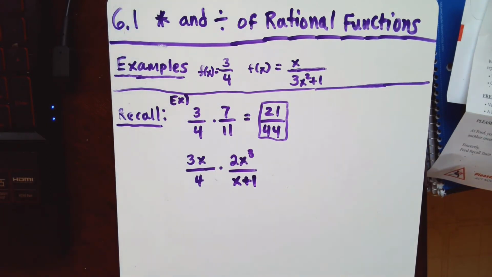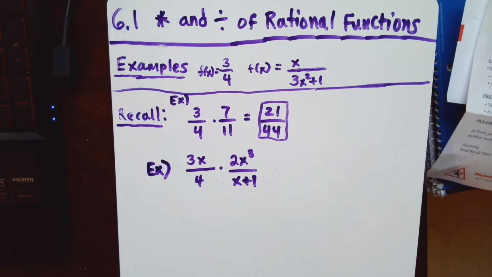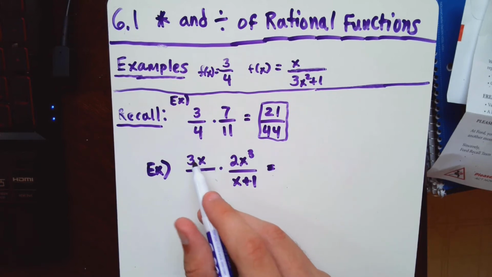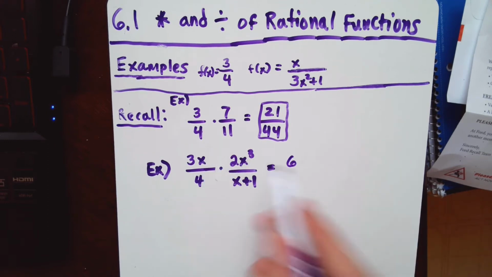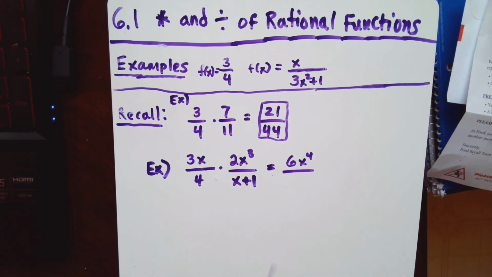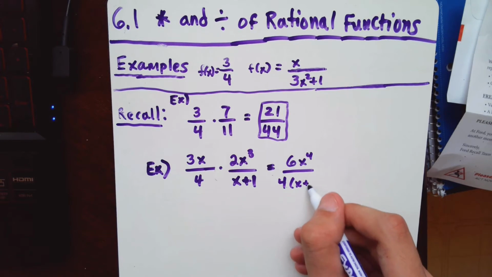Let's say we wanted to multiply these two together. Well, we'll multiply across the top, so 3 times 2 is 6, and x times x cubed gives us x to the 4th. And then on the bottom we just have 4 times x plus 1.